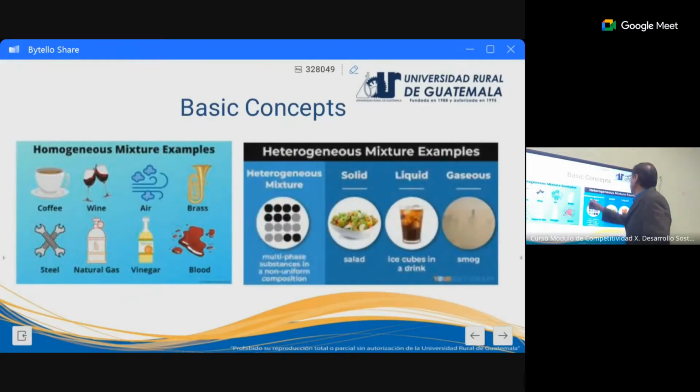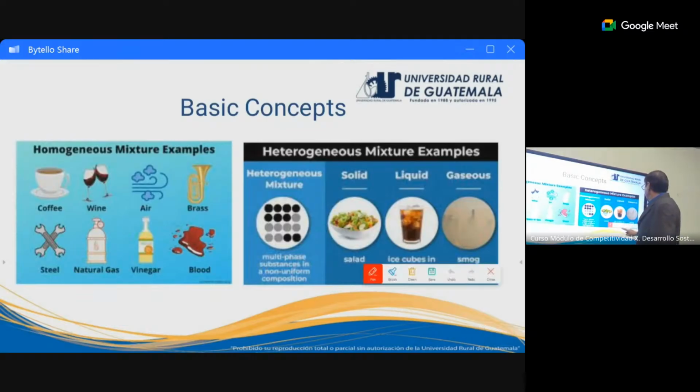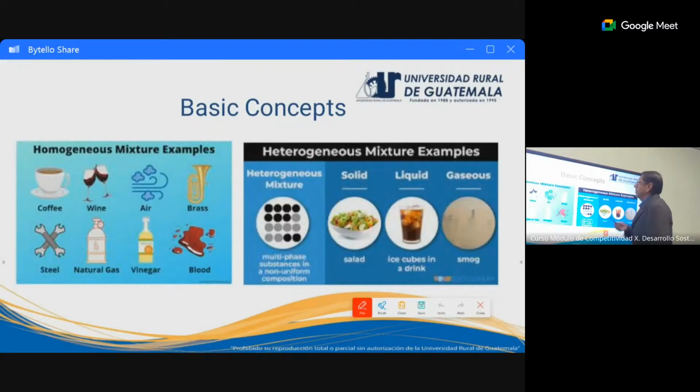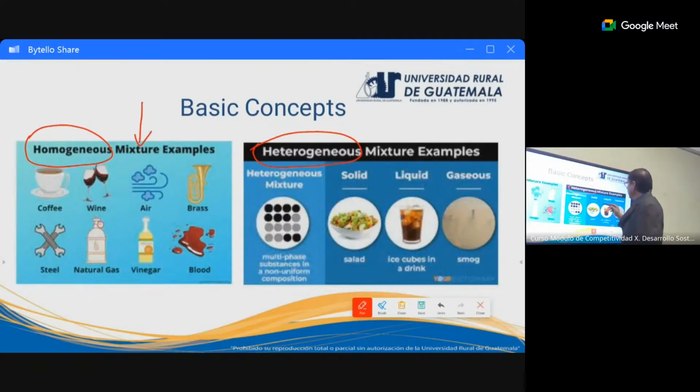Let's continue with this another type of mixture, that is the heterogeneous mixture, and some examples. So remember that we have two main types of mixtures. This one here, the heterogeneous, and the homogeneous mixtures. Okay. Here we see an example of solid plus solid.